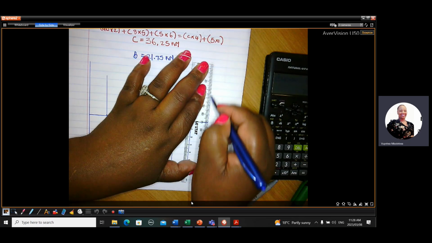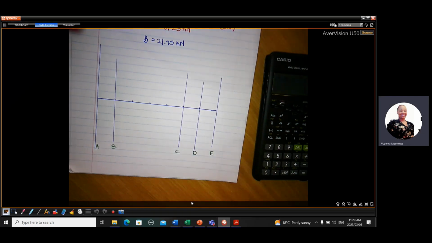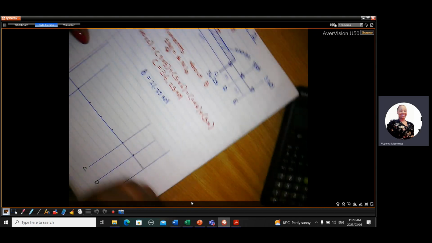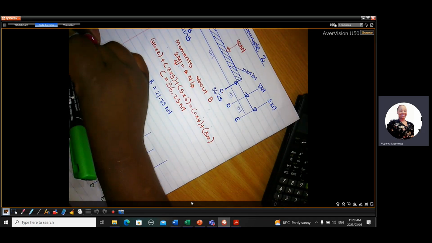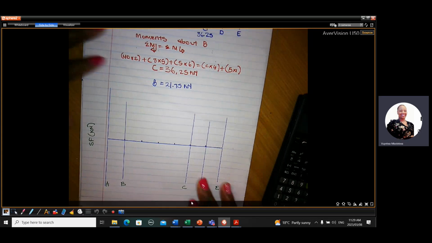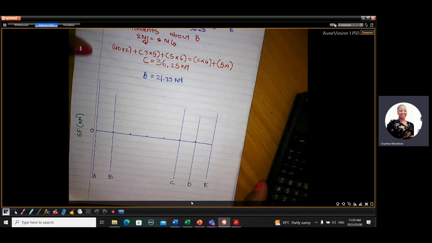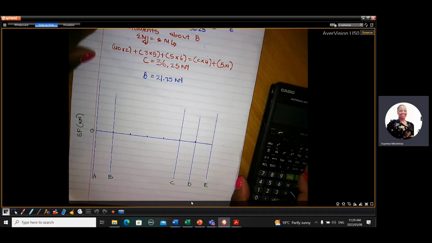So we can label it A, B, C, D, E. And then again, we label it shear force in kilonewtons. Put that label over there, shear force in kilonewtons. It's always gonna start from 0. Okay. So we are now at A.